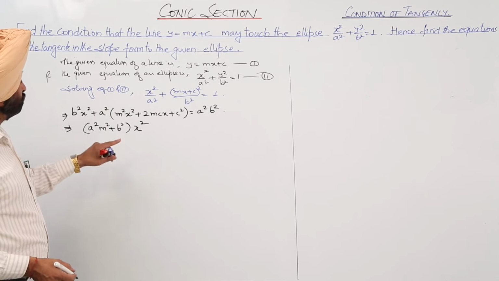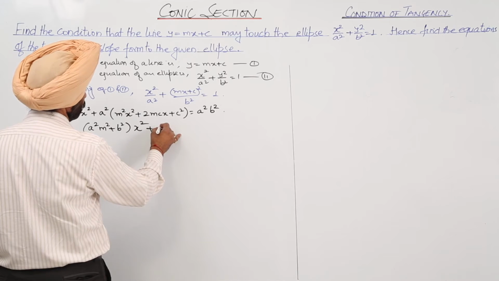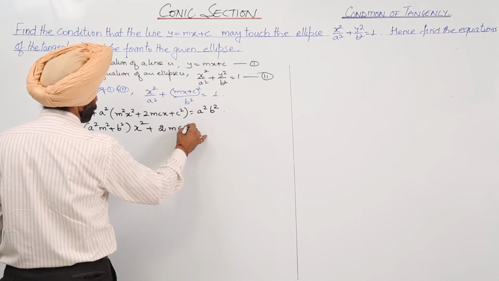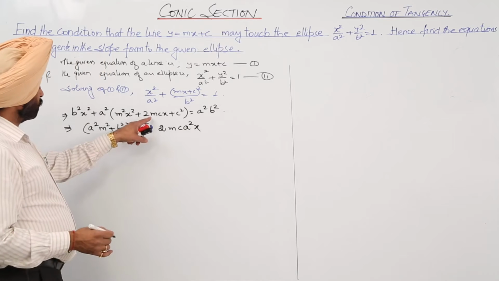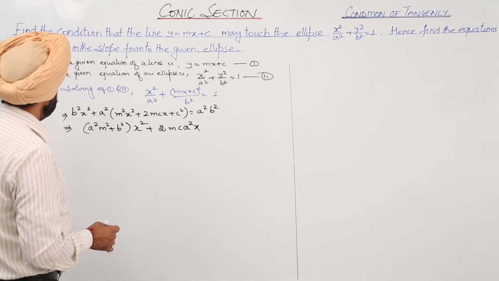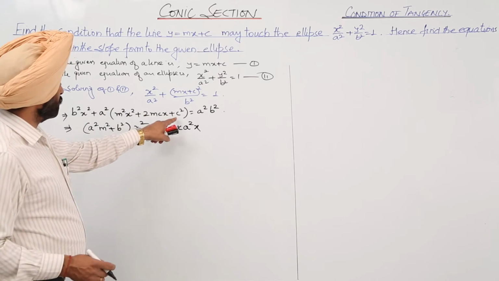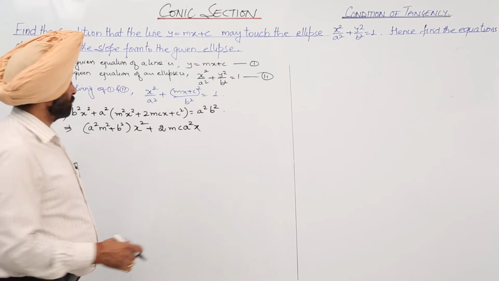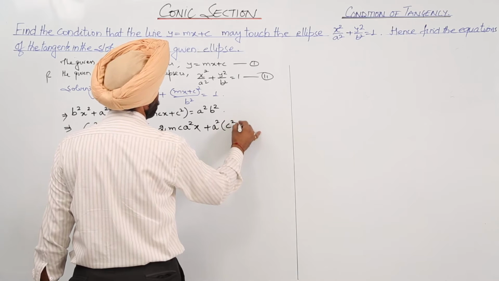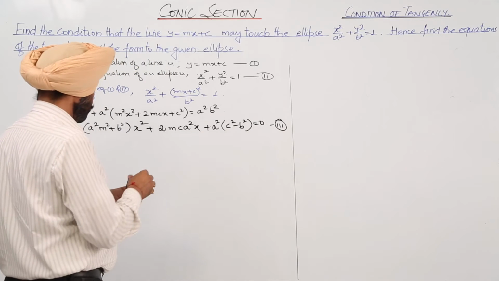What is left now is twice of mc a square x, that is a square multiplied by 2mcx, plus a square c square minus a square b square. So we can write: plus a square common, c square minus b square, is equal to 0. Equation 3.